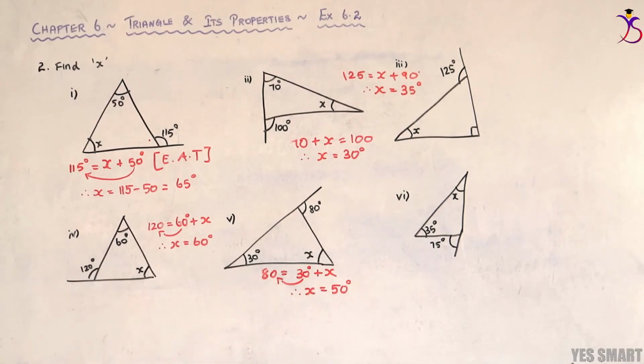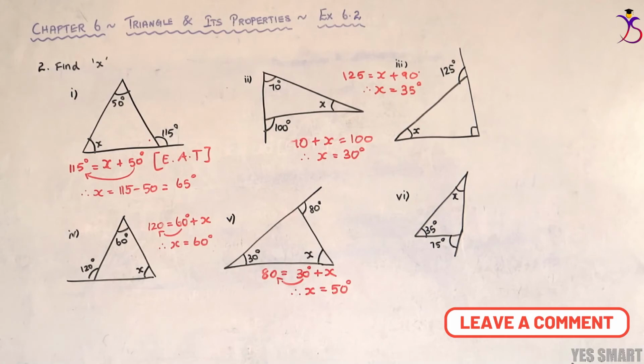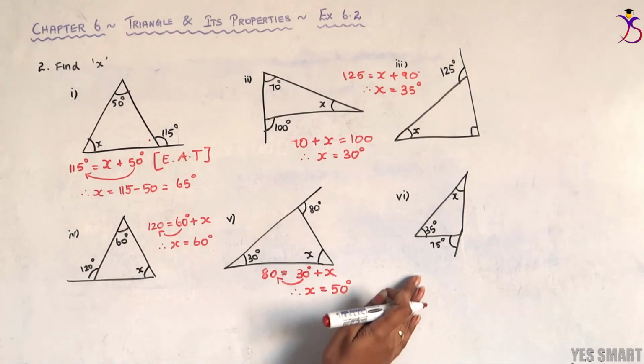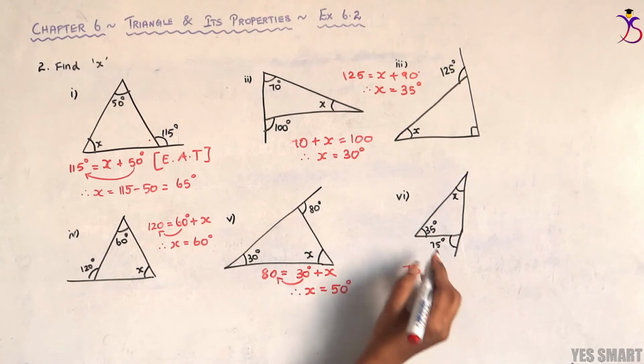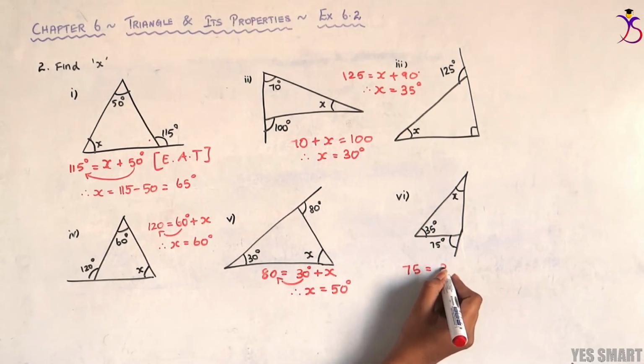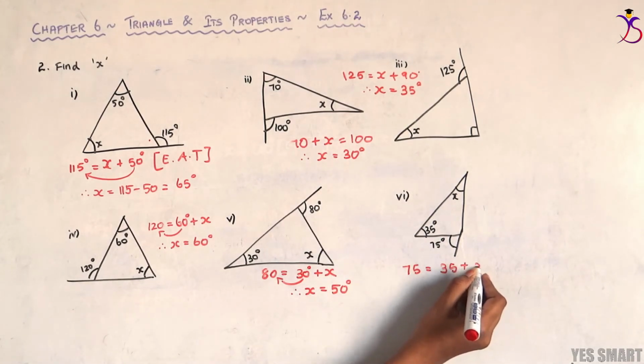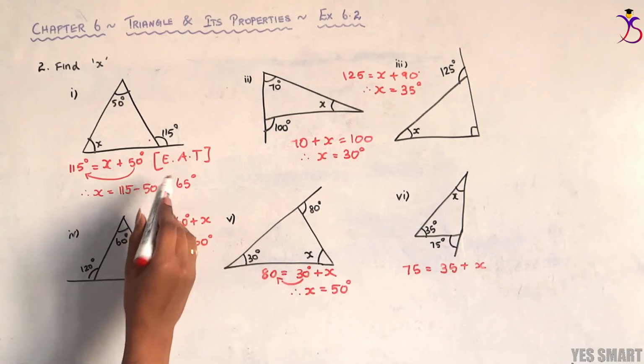Here also we have used the same theorem. Moving on to the last subdivision, the exterior angle here is 75 degrees, which is equal to the sum of the two opposite interior angles. The two opposite interior angles are 35 and x. Therefore, 75 degrees is equal to 35 plus x, because they are the two opposite interior angles of the triangle.